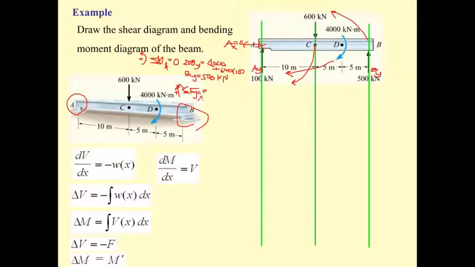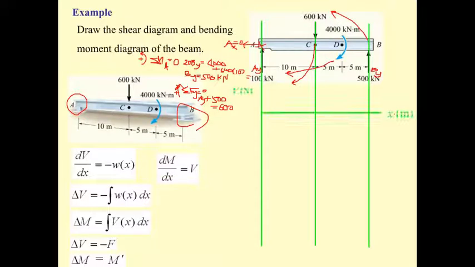So A sub y plus 500, upward, and this is downward, equal to 600. So we get A sub y equal to 100 kilonewton. Okay, that's how to determine the reactions.